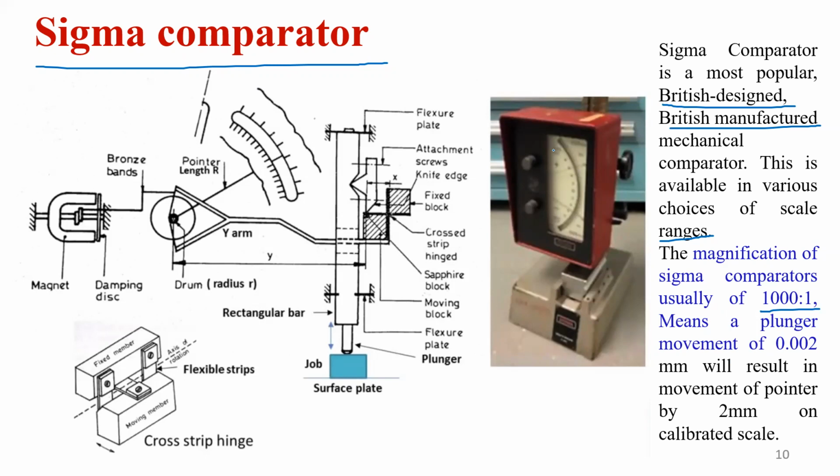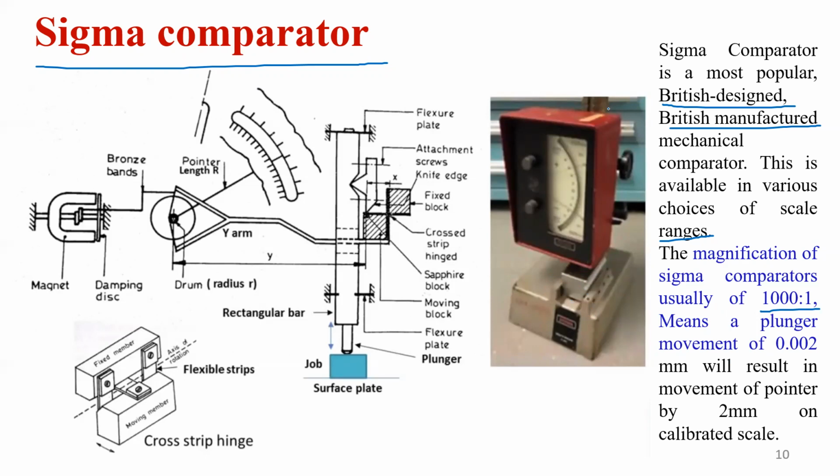This photograph shows the sigma comparator, which has a sturdy base. On the base, a table is mounted. Here the table is replaceable, so depending upon the geometry and size of the workpiece, the table can be replaced.